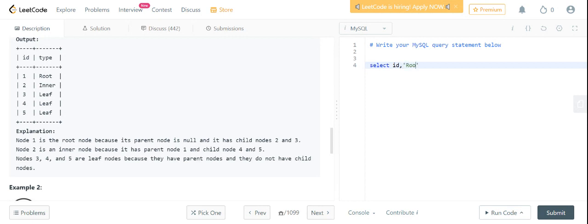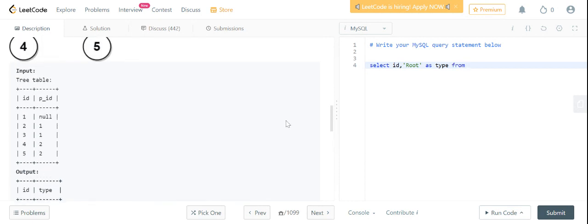Select id, 'Root' as type from my table, which is tree, where parent id is null.